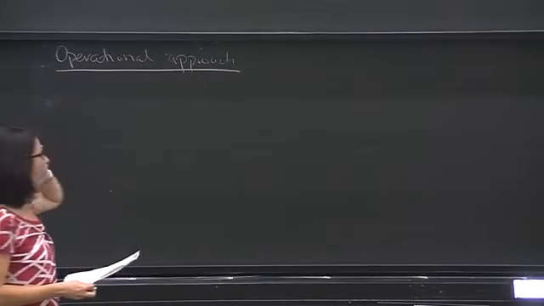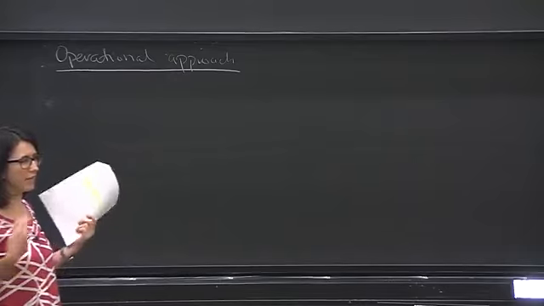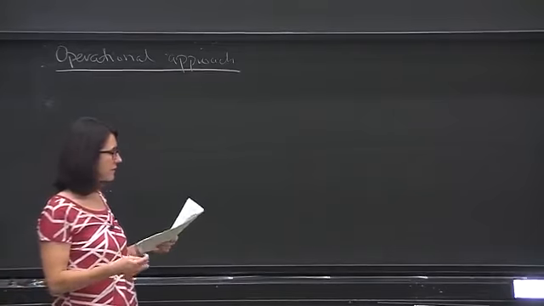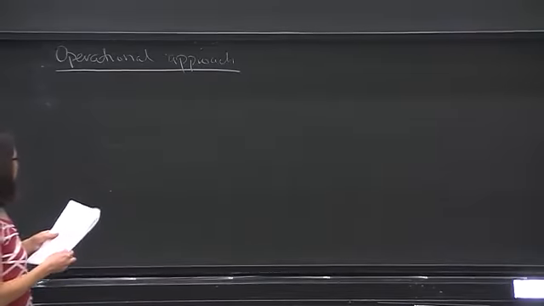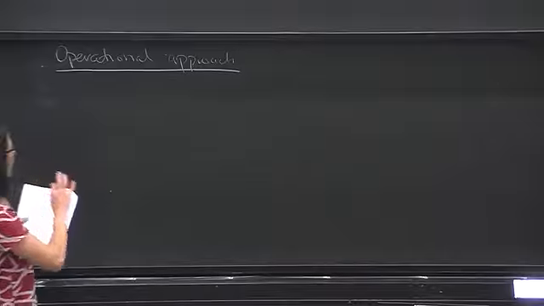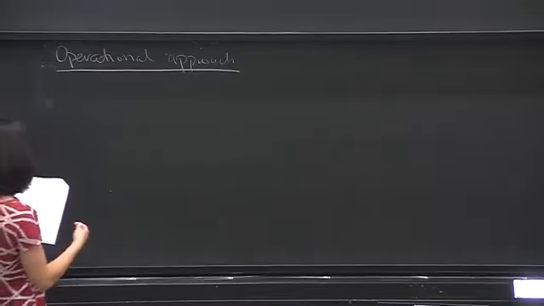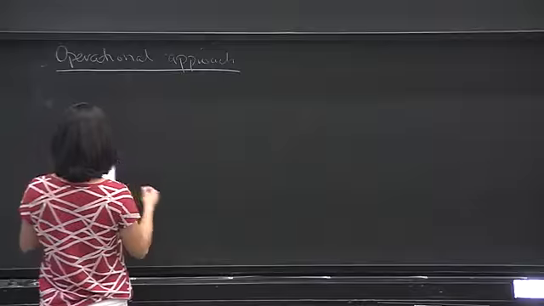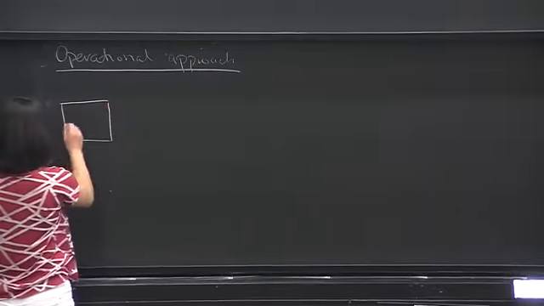So you saw a little bit about the operational approach in Rob's talk at the beginning, where he was talking about having certain preparations and certain measurements. And typically what we do is we split up the theory into 3 separate objects. So the first object is a preparation device.